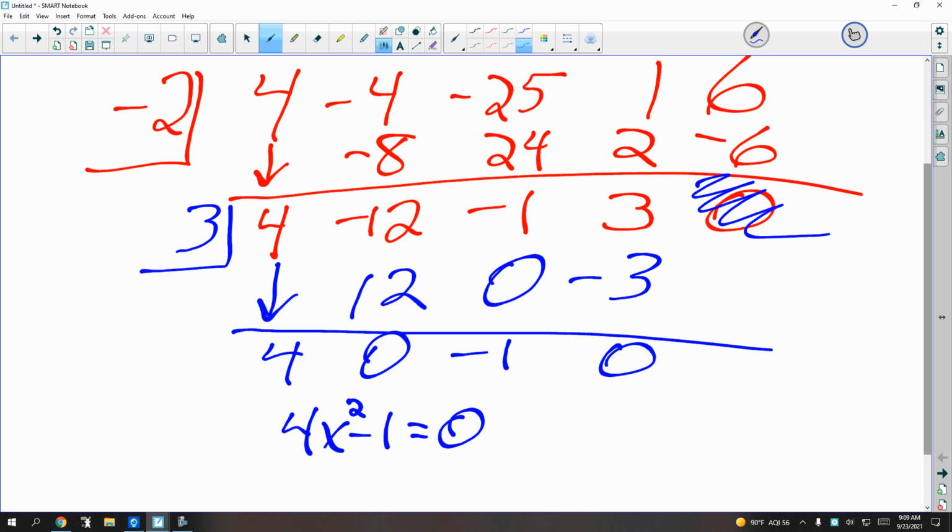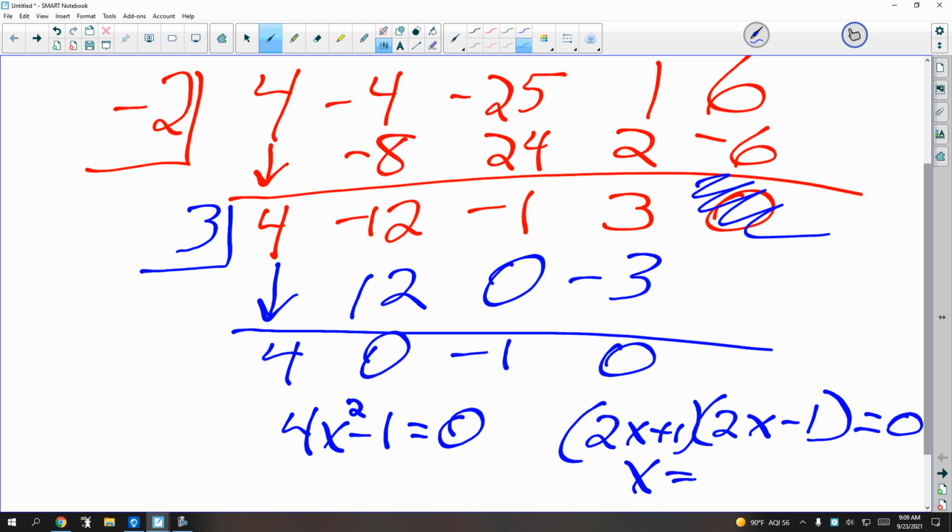So that would be 2x plus 1 and 2x minus 1 equals 0. So then x is plus or minus a half. There's no need to test that because there wasn't anything we had to worry about on number 22, was there?